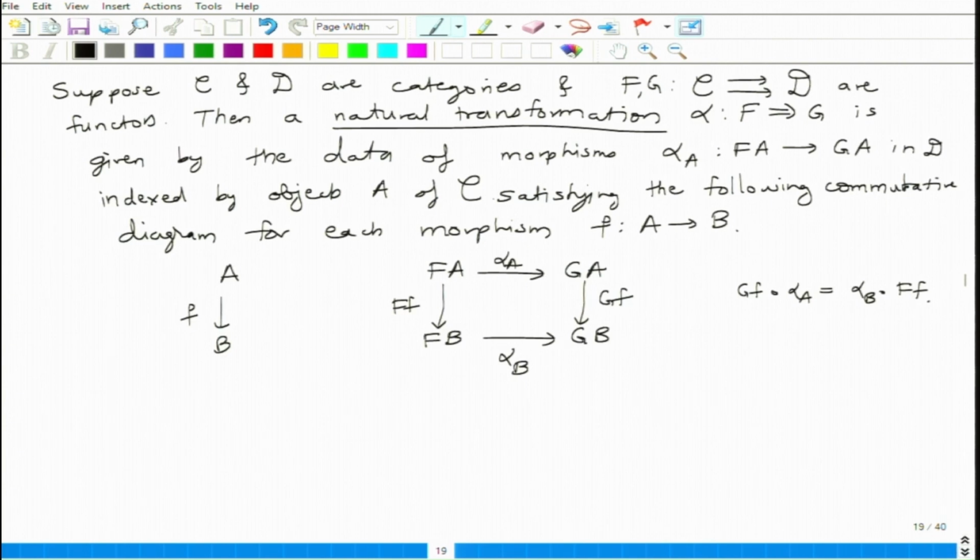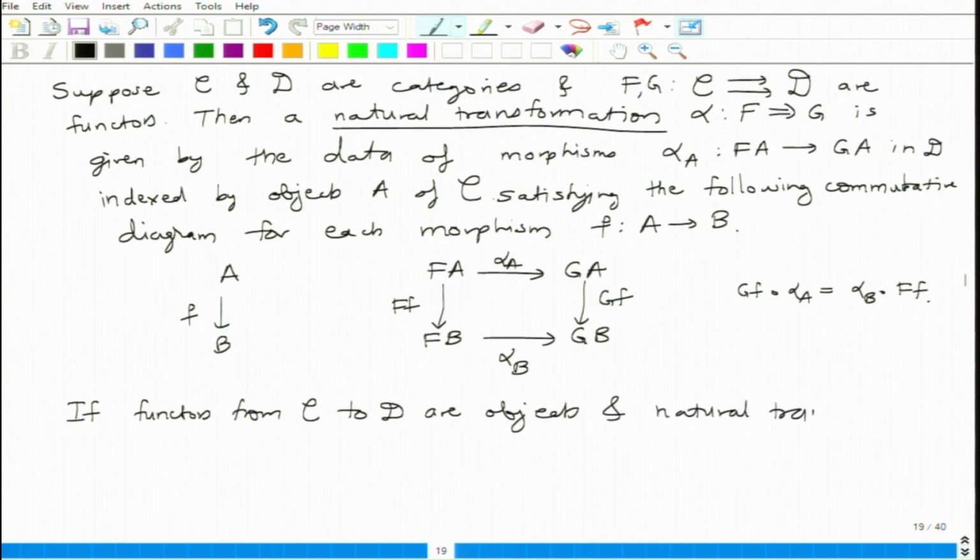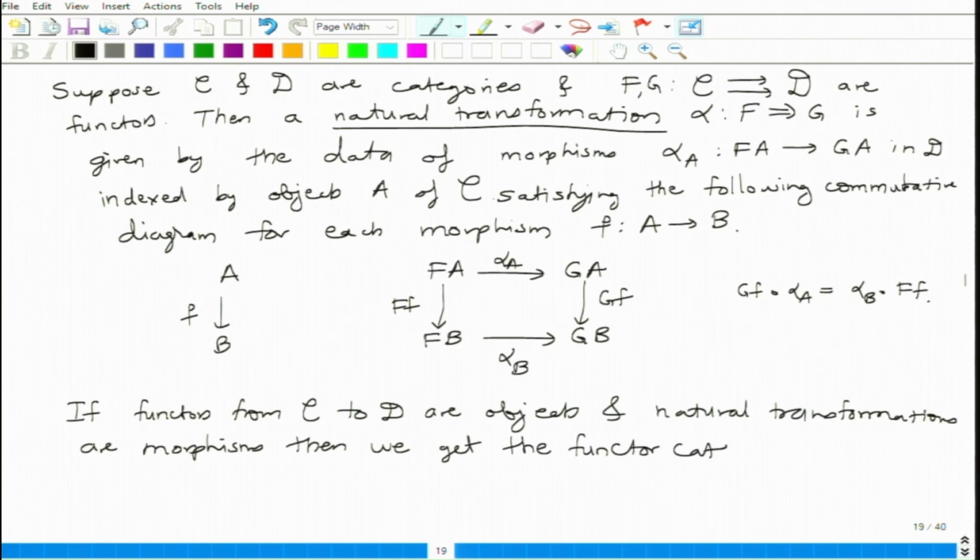Before I go to that example, I should say something more. If functors from C to D are objects and natural transformations are morphisms, then we get the functor category, C D. Okay, this is our notation.